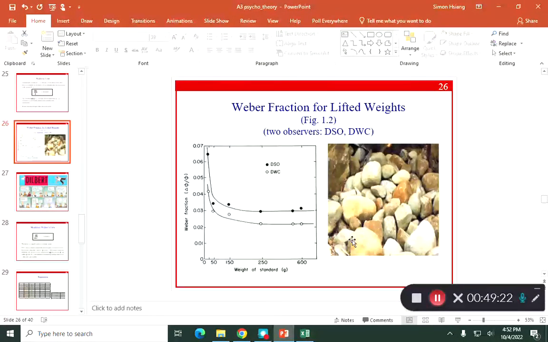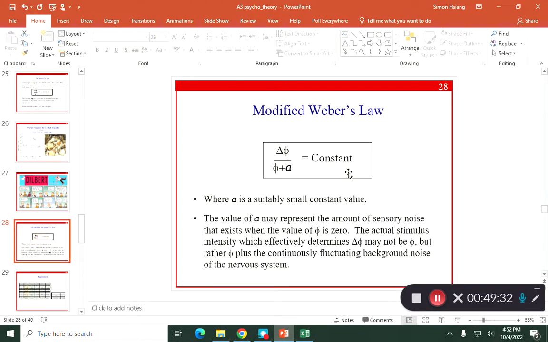Okay? So no matter which sensor we're talking about, there is a noisy level at the very, very beginning. And he said that in order to cover that, we need to model this using a modified Weber's law by adding a very, very subtly small constant value.